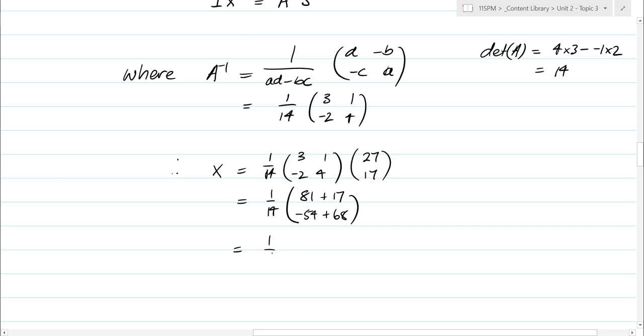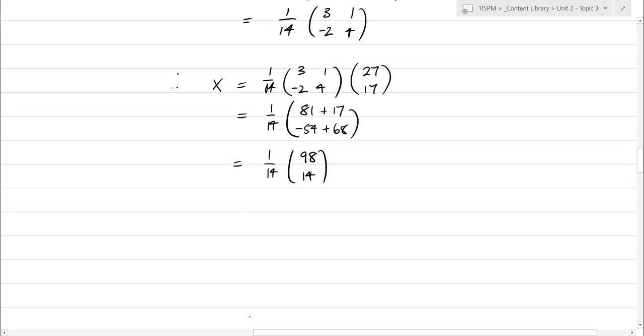That gives me 1 over 14 times 98, 14. And 98 is some whole number. Is it 7 times? I think that's 7, 1, but you want to check there. Therefore, X equals 7 and Y equals 1. Does that make sense? So X is XY.